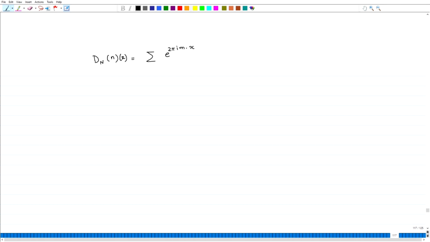Here we can take the values of minus n to n, but now our m is an n-tuple.